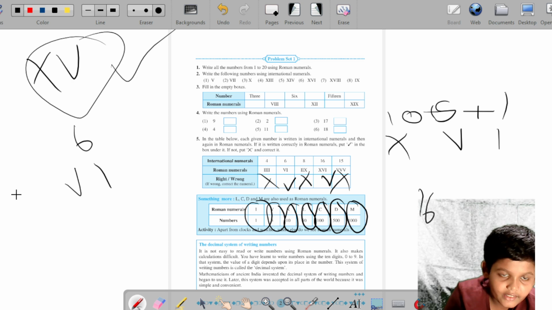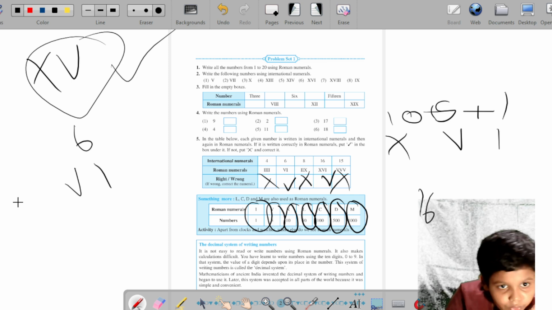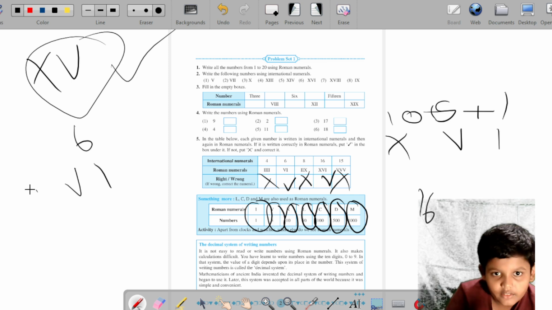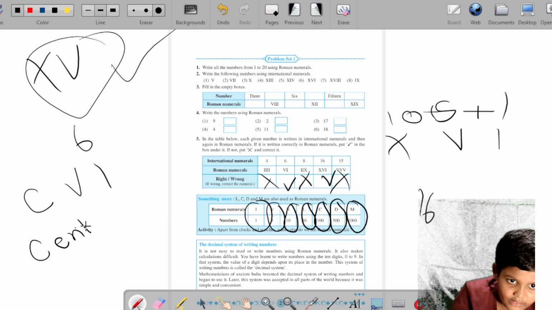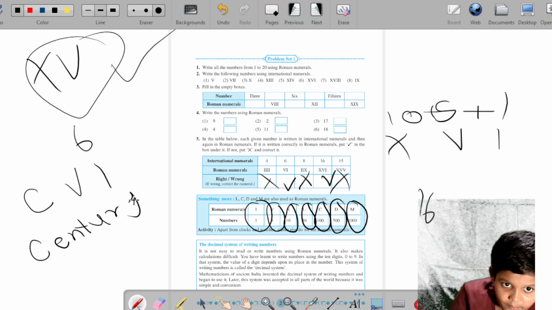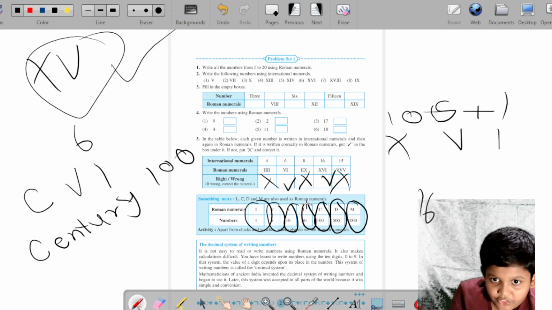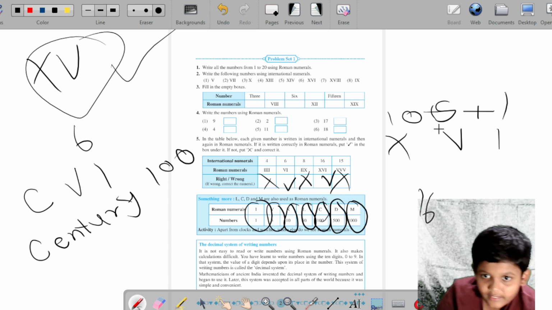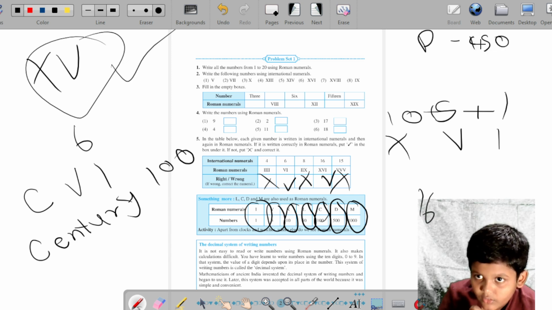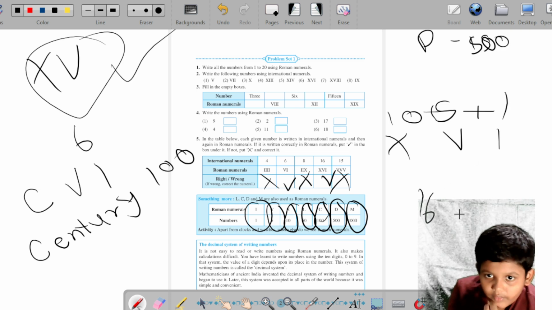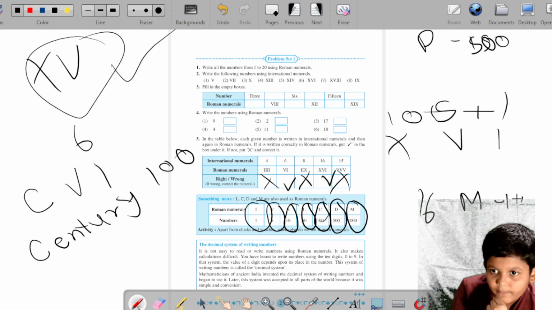In cricket, players score a century, and C is for century. Century means 100. So C is 100. This is easy. And D is 500. And M is 1000.